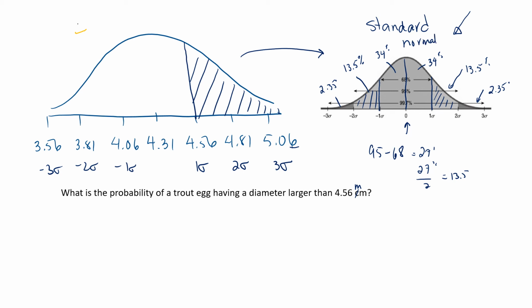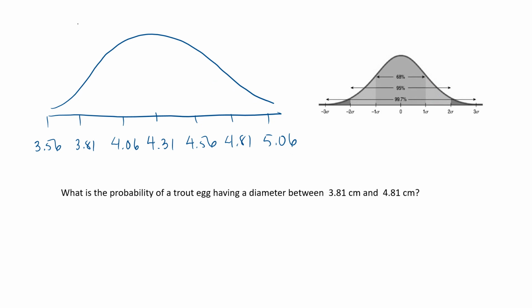It's this piece plus this piece. So it's 13.5% plus 2.35%, which equals 15.85%. And if I rounded that up to the nearest percentage, it would be about 16%. So 16% of the trout eggs have a larger diameter than 3.56 millimeters.